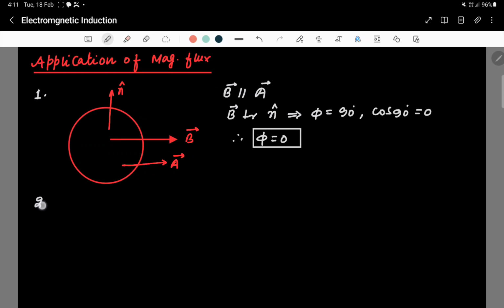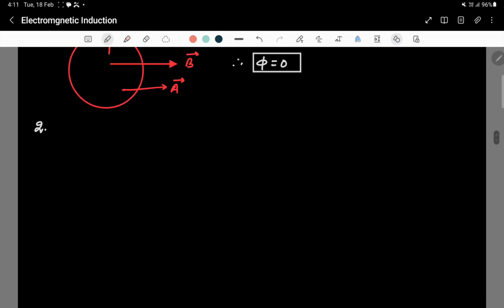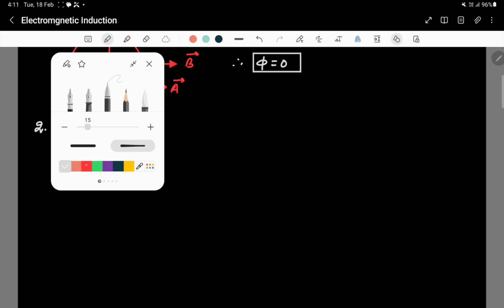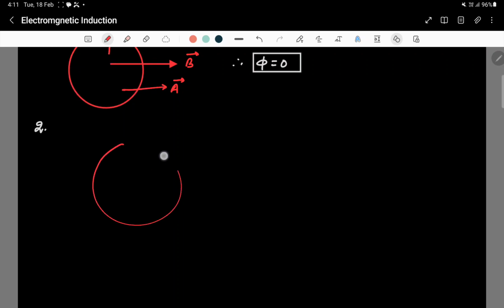First point. Now see the second point here is, suppose this one is a surface area here. Yes or no? Yes. And this one is a unit normal vector.